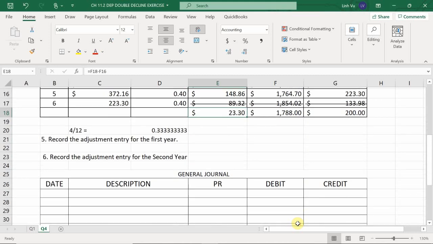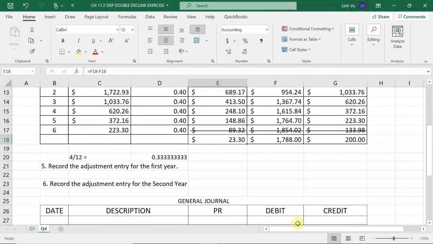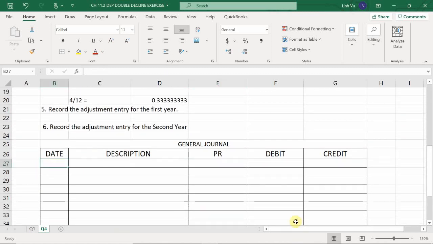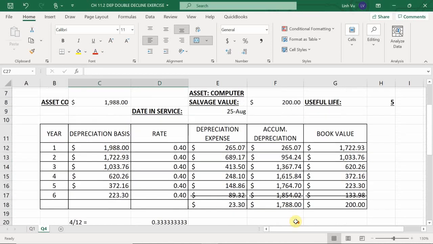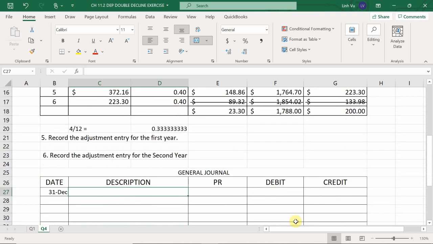All right. So, last thing here for question 5 and question 6 is to go ahead and journalize your entry for the depreciation. The first one is for the first year, assuming that you're depreciating at the end of December, the 31st. What is my journal going to look like?